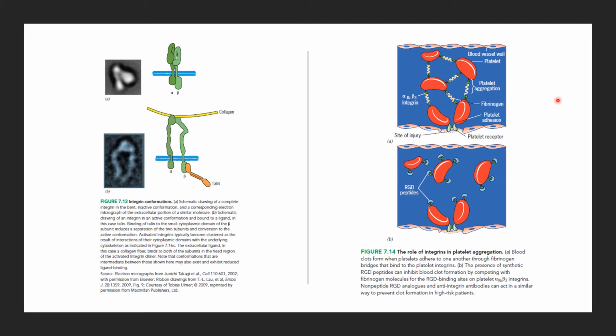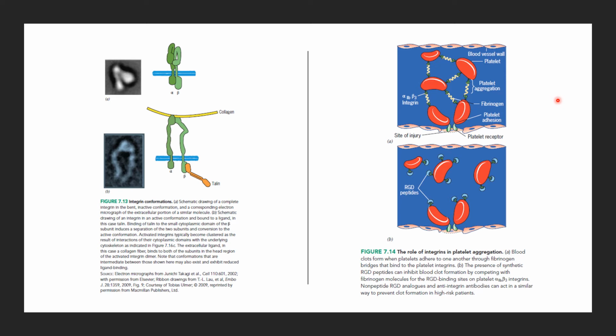Okay, so with this, of course, it would also produce what they call the RGD peptides. The presence of the RGD peptides can actually inhibit blood clot formation by competing with the fibrinogen molecules for the RGD binding sites.